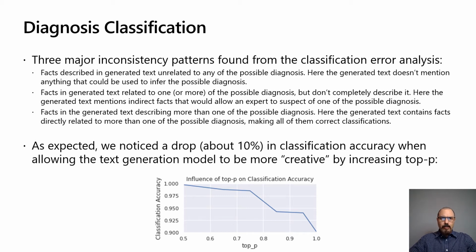And finally, we also saw examples of facts in the text that could correctly represent more than one of the possible diagnoses. And in our second evaluation, we observed a drop in classification accuracy as we allowed the generated text to be more diverse.